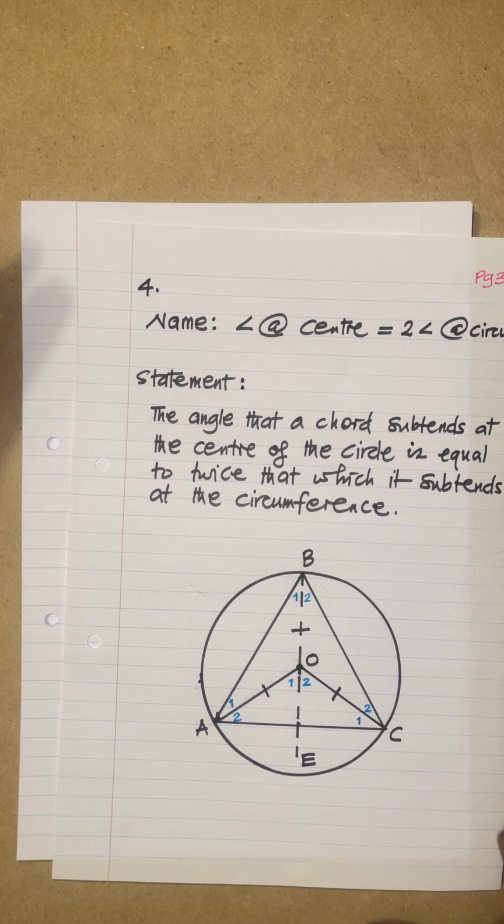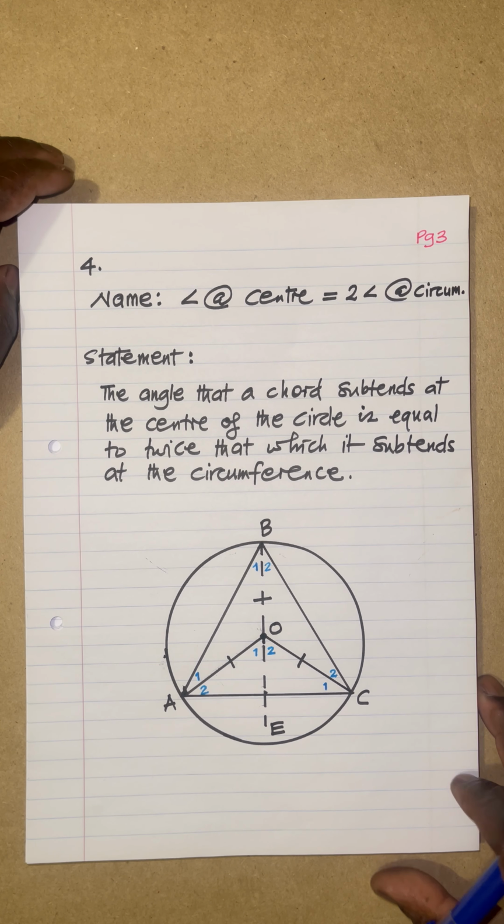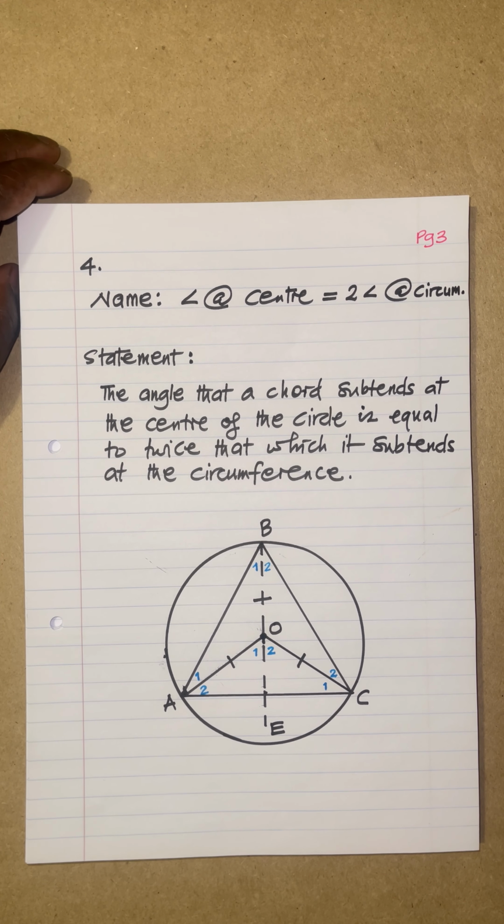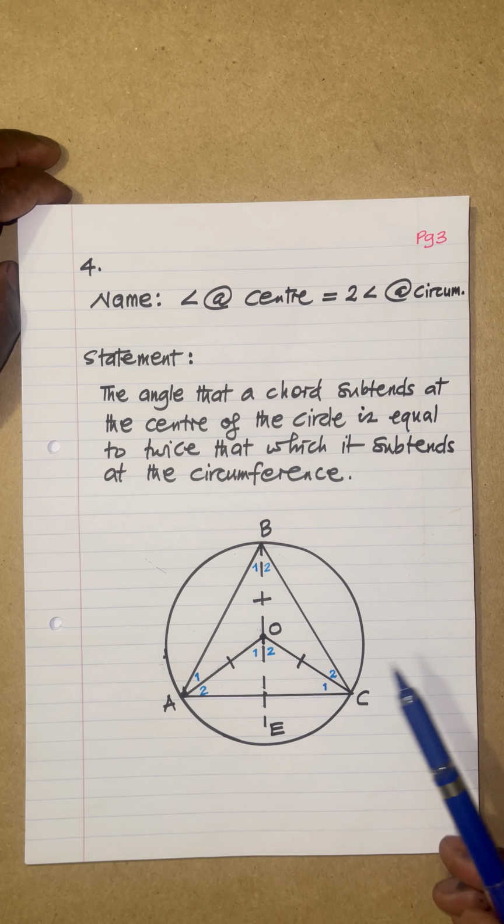And theorem number 4, here it is. Basically, it says angle at center is twice angle at circumference. The statement: the angle that a chord subtends at the center of the circle is equal to twice that which it subtends at the circumference. So here's a construction.